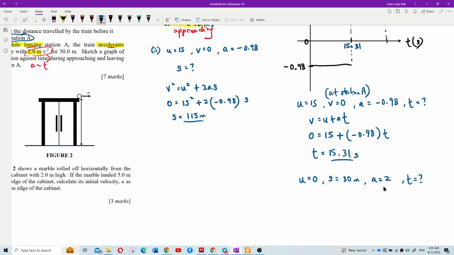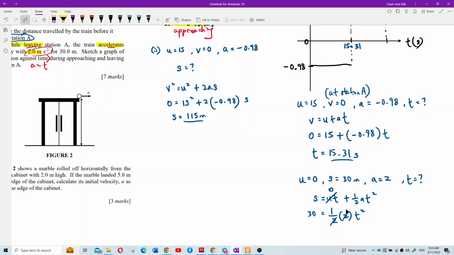s equal to ut plus half at square. 30, u equal to 0, half, a is acceleration is 2, t square.